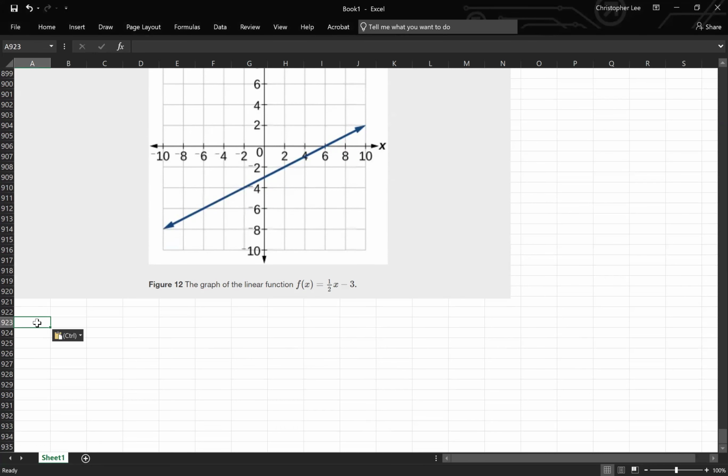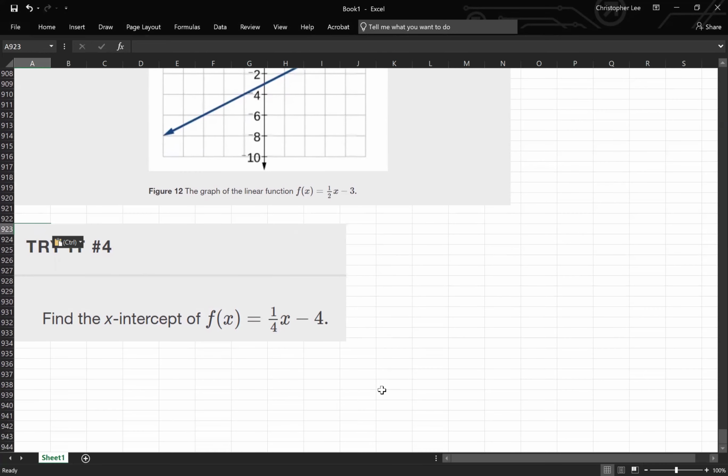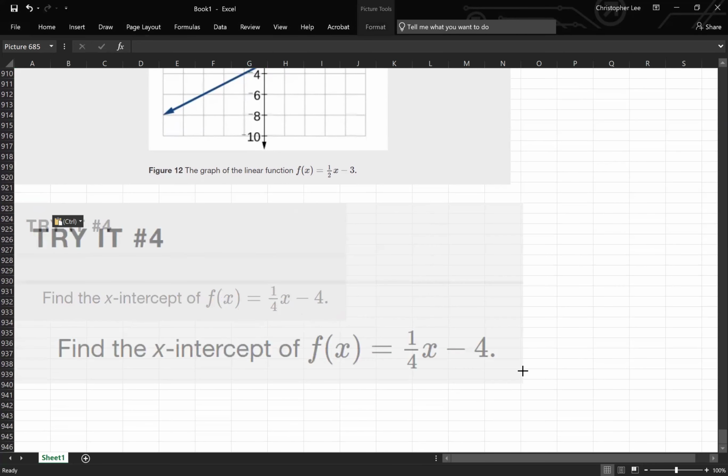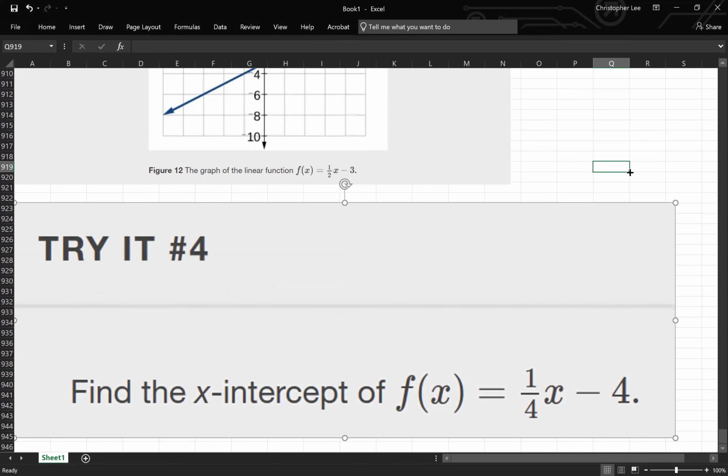Here, you guys could try this one. Reminder, set the equation equal to 0. Solve for x. That's simple.